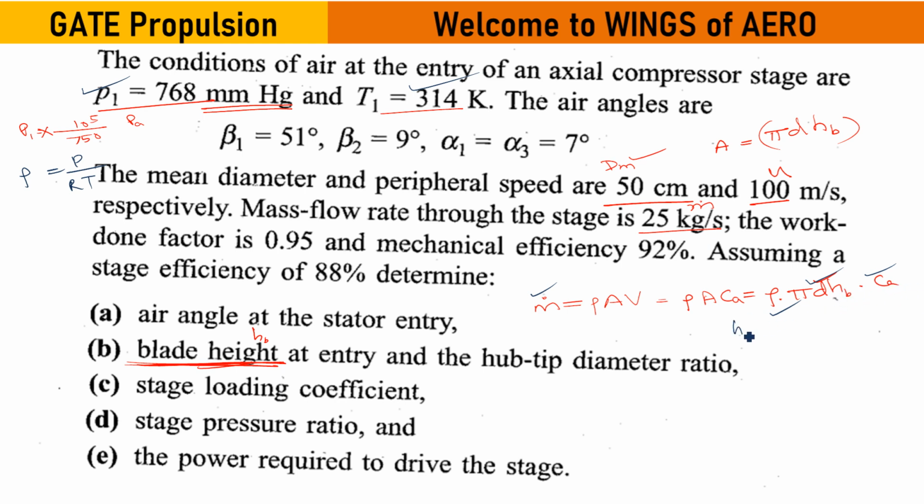Then what is unknown? HB. Once you find HB, we can make a ratio between the hub and the tip diameter. Tell me the answer.